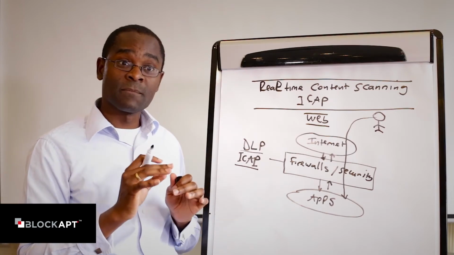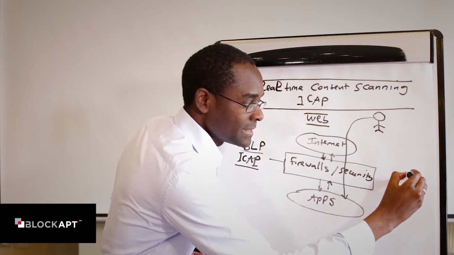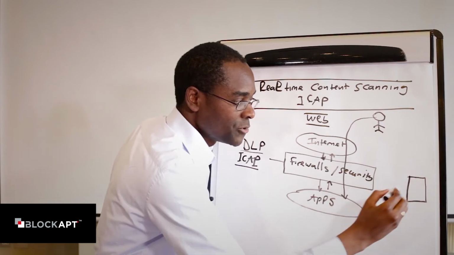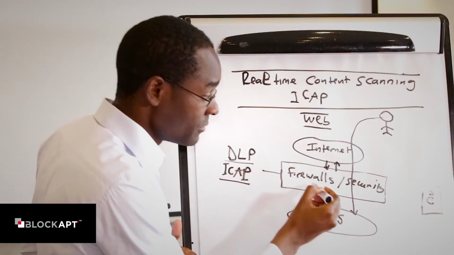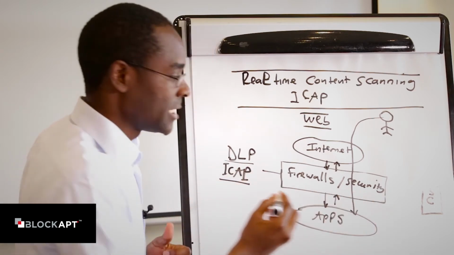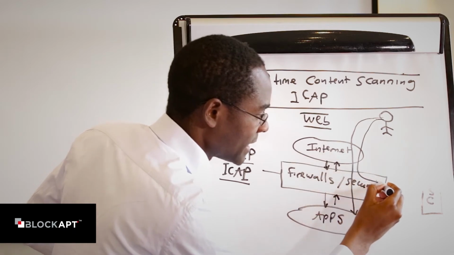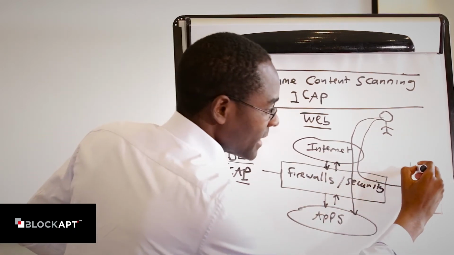What this allows us to do is have another system here, for example. This system is specific to what we call scanning. All the information flowing through our security choke point is going to be sent, so we're going to have a flow going this way to this external system, and this is where ICAP is going to kick in.